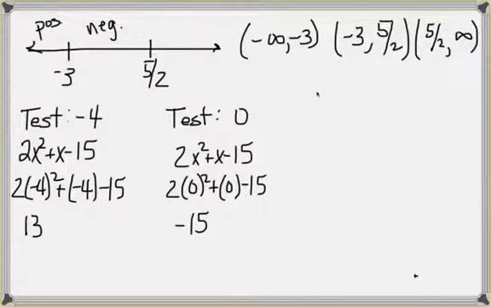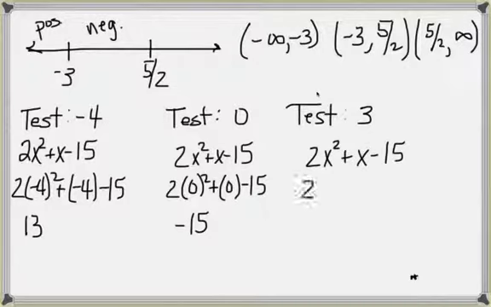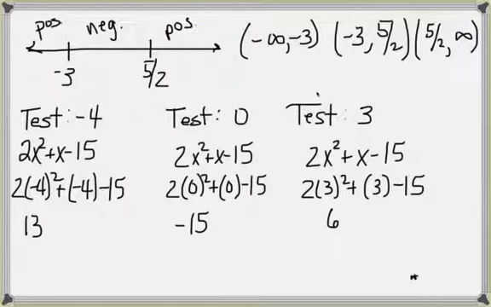And then the last interval, we can test 3. And once again, going back to my original function, plugging 3 in for the x this time, I get an answer of 6, which is positive, a number greater than 0.